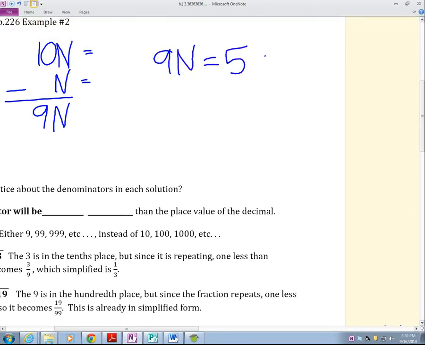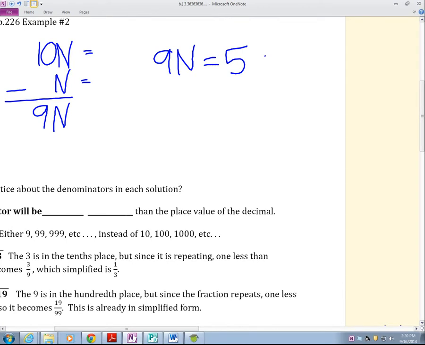Now, I think you did this toward the end of 6th grade, maybe in the middle. This is algebra, solving for variables. What is happening to that 9 and that n? What's happening to the n, Harrison? It's being multiplied by 9. And how do we undo multiplication?